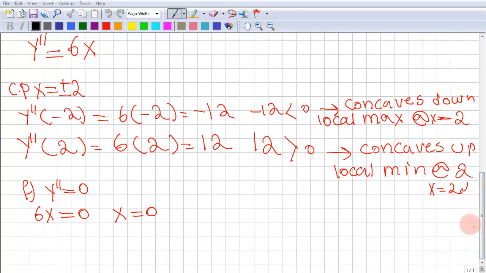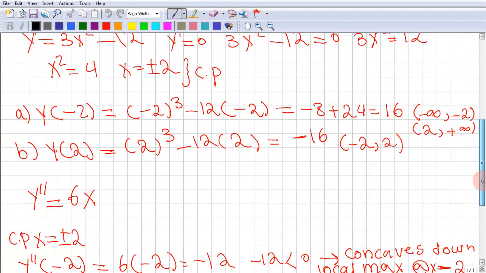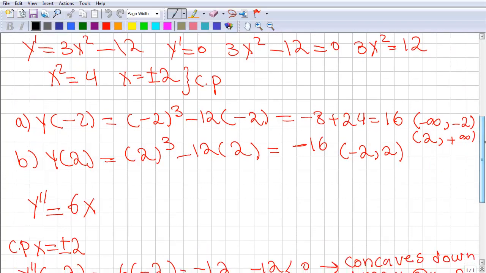I'm just gonna go back to parts A and B to explain to you guys what those brackets mean and where our function is increasing or decreasing. So we use our first derivative, which is 3x squared minus 12. And we have to use some points between the critical points and infinity.